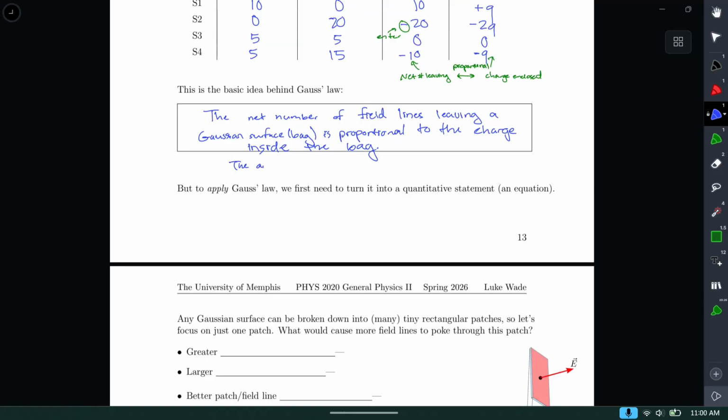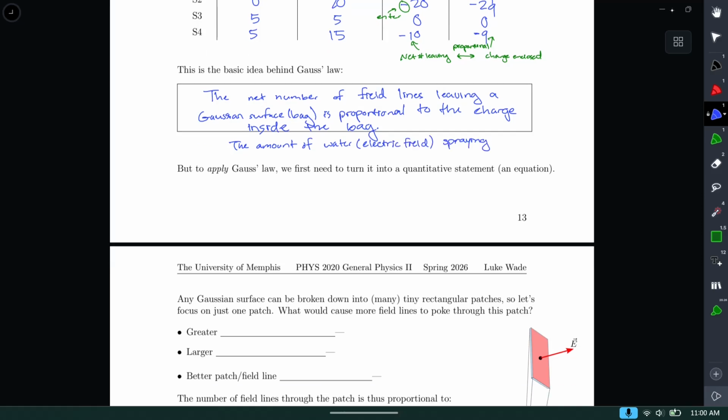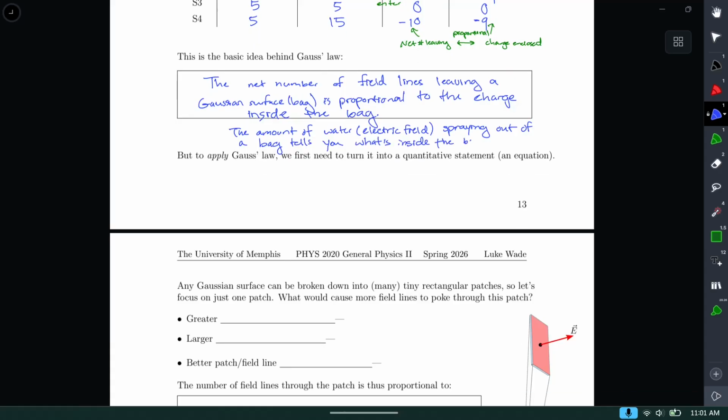The amount of water, which I'm sort of equating to the electric field, spraying out of a bag tells you what's inside the bag. In the water version of this, that's a fountain or fire hydrant or drain, or it could be neither.